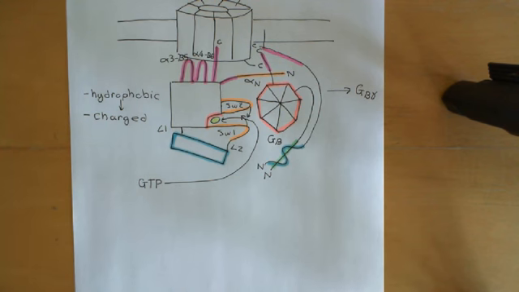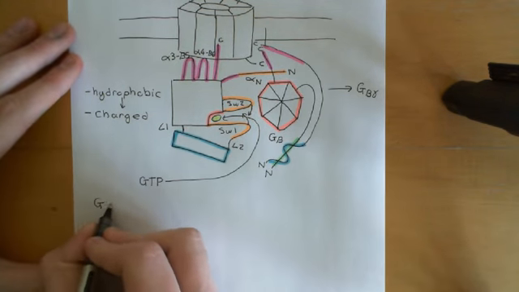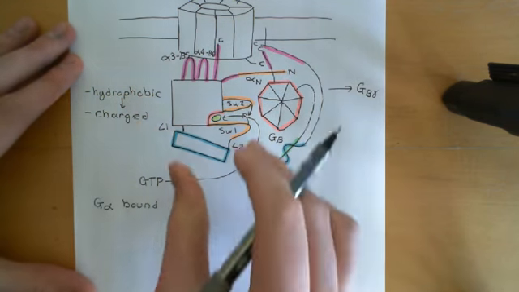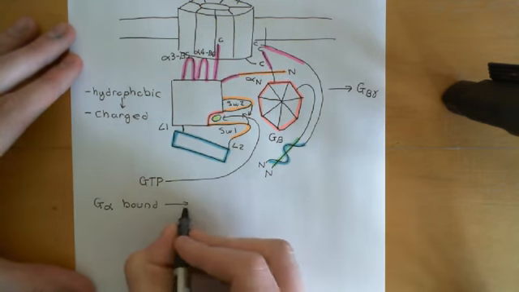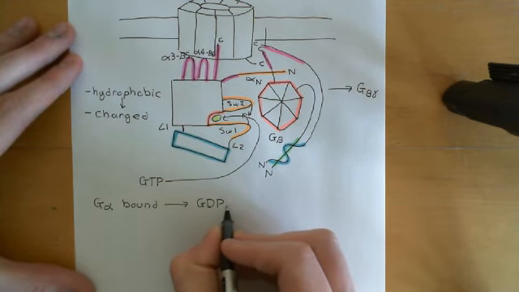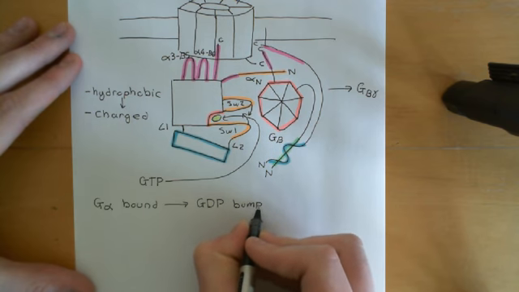If you imagine this, when the G-alpha subunit bound to the GPCR, it caused a bunch of conformational changes that basically kicked out the guanosine diphosphate. So the GDP is bumped out, basically.